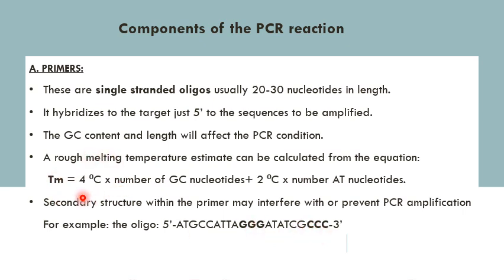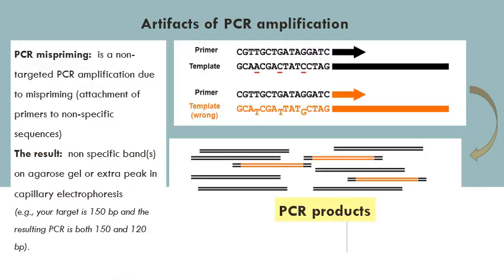You multiply it by 4, plus 2 times the AT count: 1, 2, 3, 4, 5, 6, 7, 8, 9, 10, and so on. So you calculate the melting temperature, and according to it, you adjust your PCR program or cycle for the optimal annealing temperature for these primers.